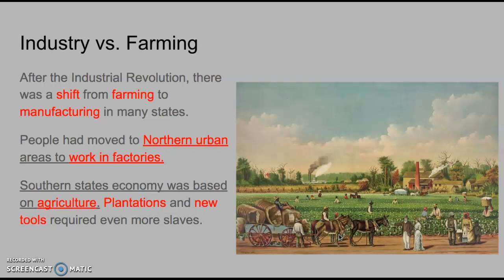Southern states' economy, however, is still based on agriculture. They have large plantations with lots of slaves, and so these plantations and new tools require even more slaves. And in particular, one invention, the cotton gin, becomes so efficient at cleaning the seeds out of cotton that you need fewer slaves to clean cotton.